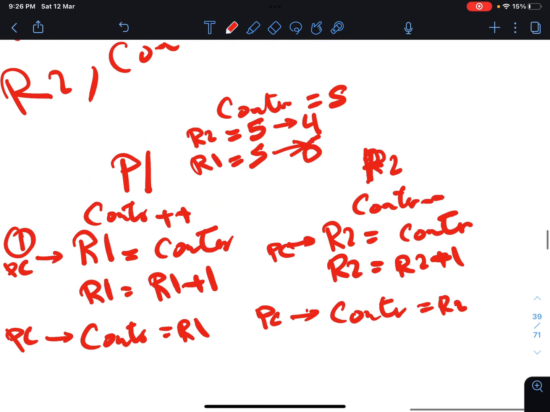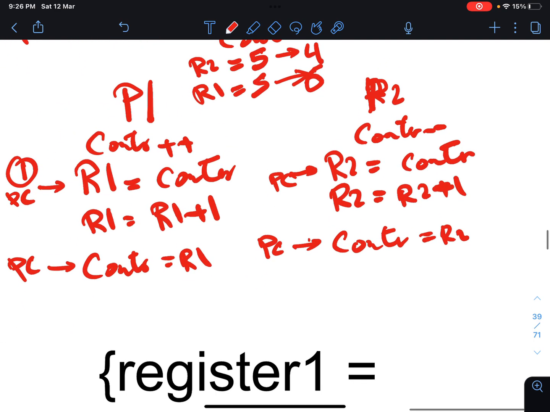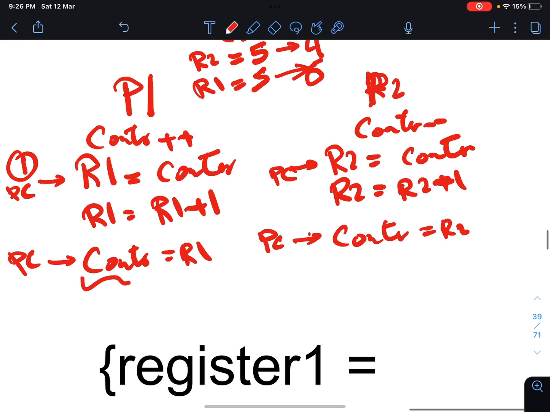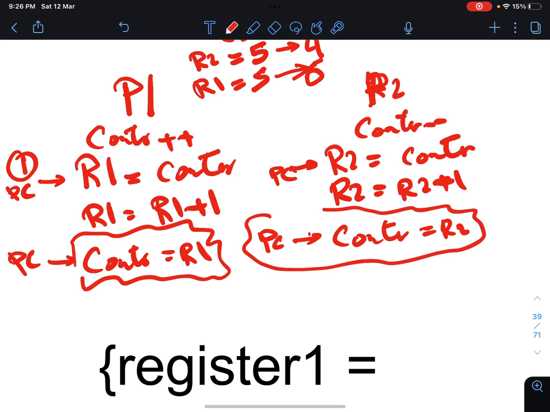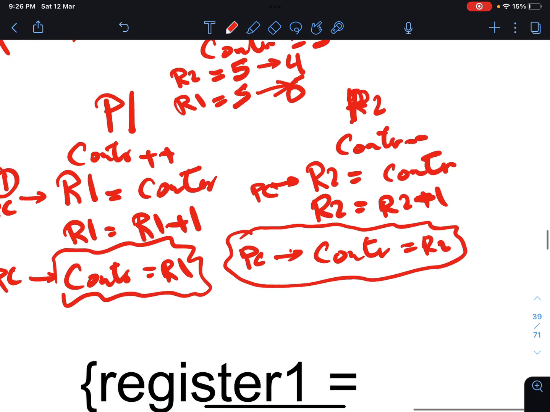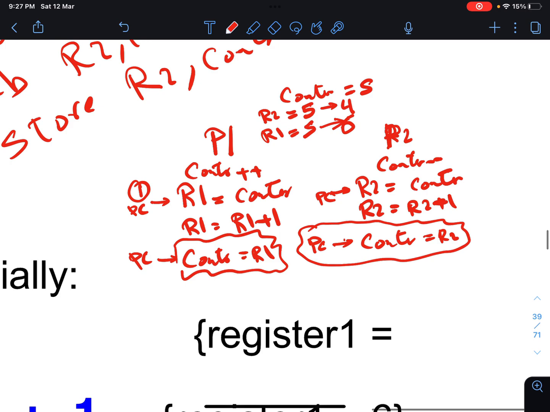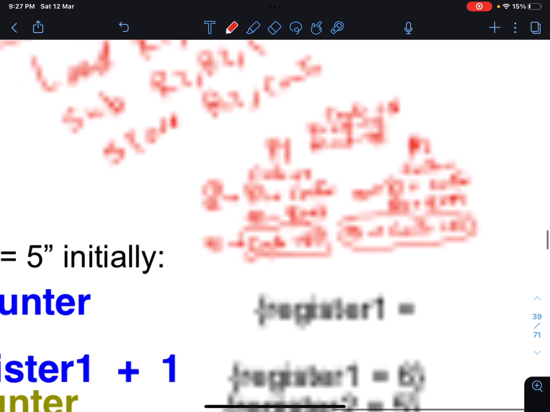So what is the value of counter? Well, if this one executes last, then the value is going to be 6. If this one executes last, then it's going to be 4. And neither 6 or 4 is right. The answer is 5. Why? It was 5. You increased by 1. You decreased by 1. So it should remain 5. But no, it will be either 4 or 6, and both of them are wrong.